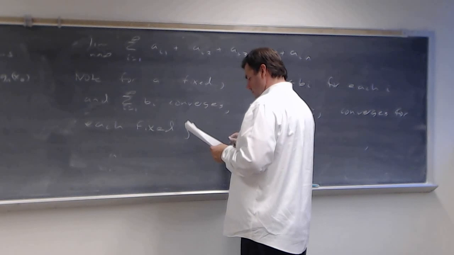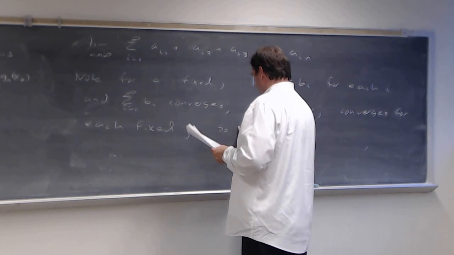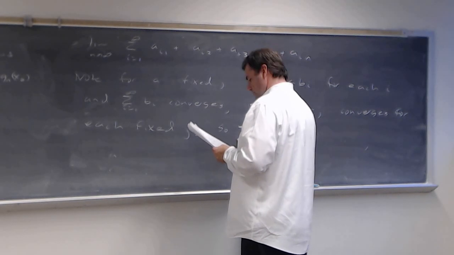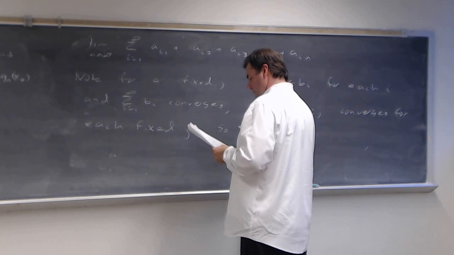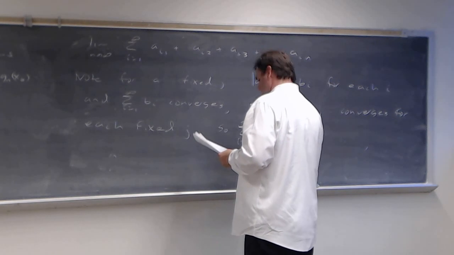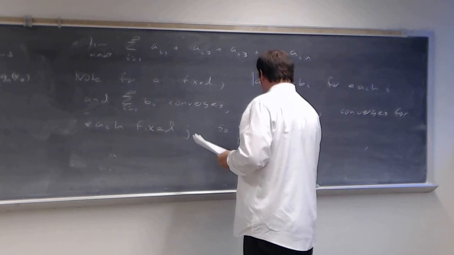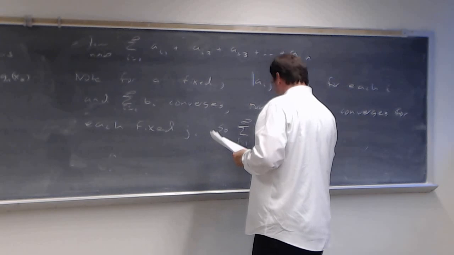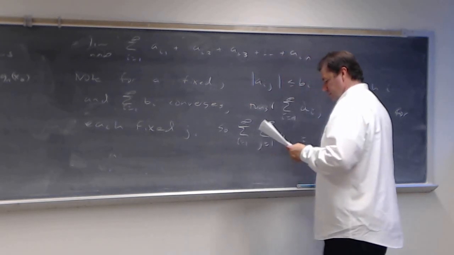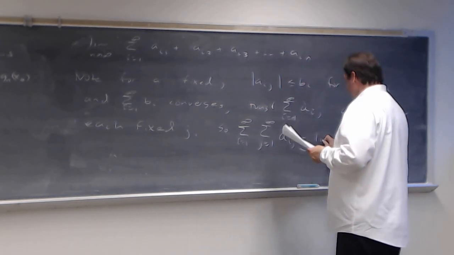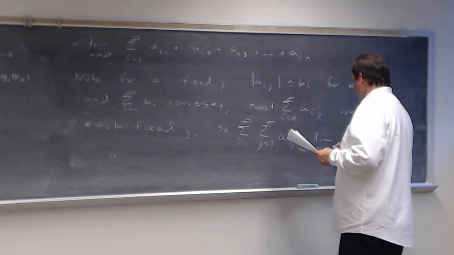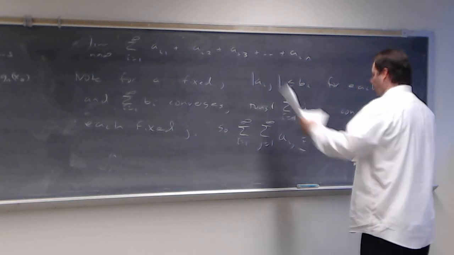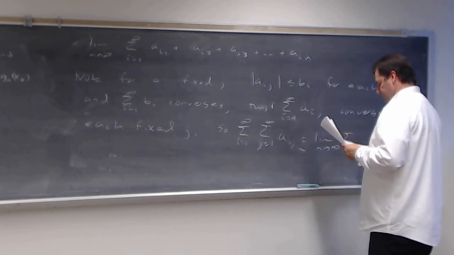Okay, so we have that the sum as i runs from 1 to infinity of the sum as j runs from 1 to infinity of a sub ij, which equals this limit as n goes to infinity of what I just wrote up there at the top of the board.